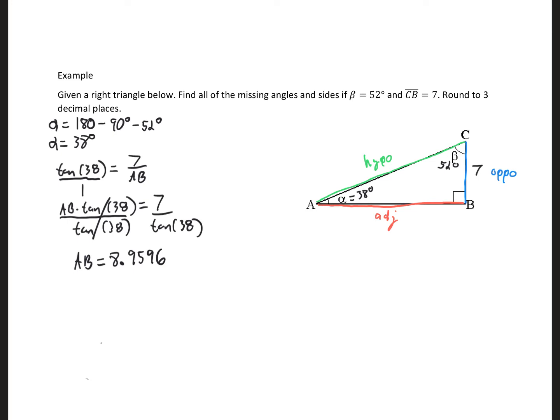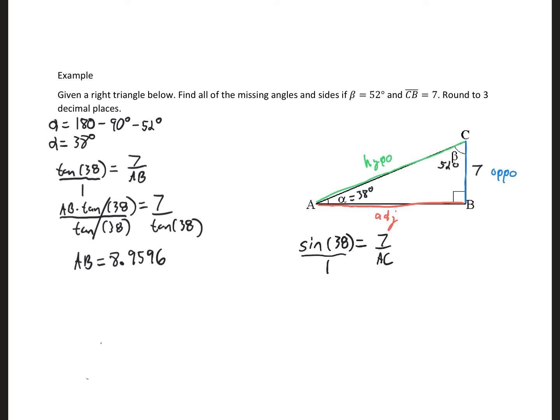So let's now find side length AC. We know 7 is the opposite. AC is the hypotenuse, so here we're going to use sine. Sine of 38 equals 7 over AC.